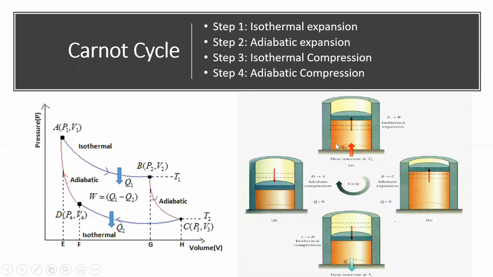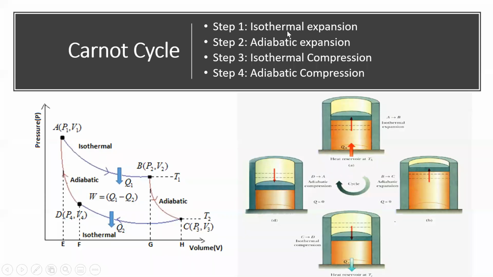This gas cylinder is kept on the heat reservoir, the source of heat, which is at high temperature. Since the base is conducting, heat energy will be absorbed by this ideal gas, and it expands.